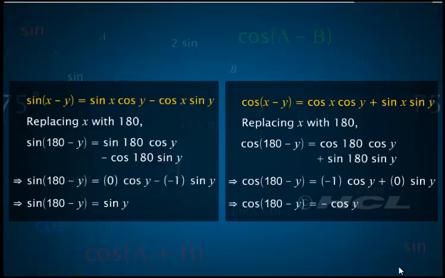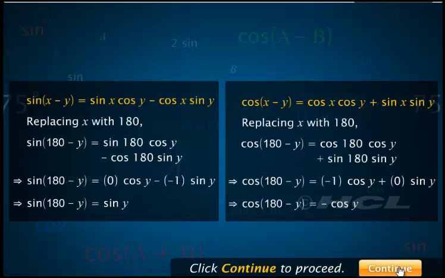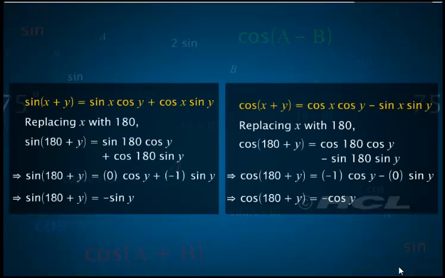Recall that sine 180 degrees equals 0 and cos 180 degrees equals minus 1. Next, replacing the value of x with 180 in the sum formulae of sine and cosine, we obtain the trigonometric functions cos and sine of the allied angle 180 plus y.